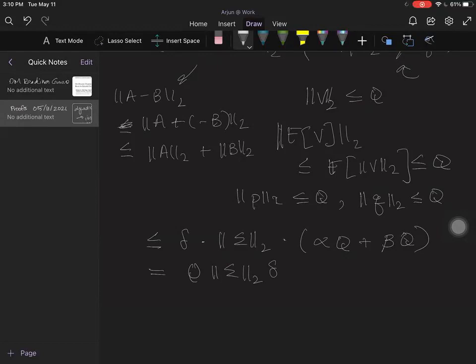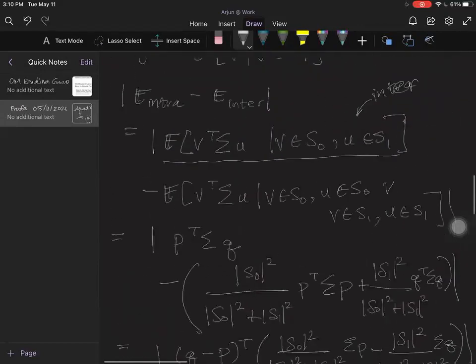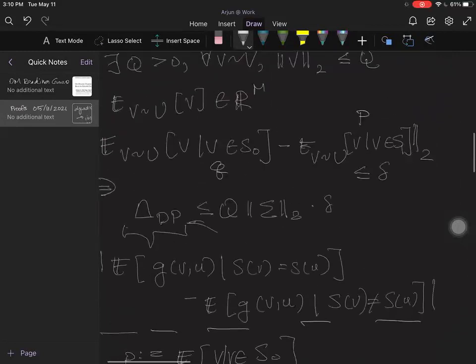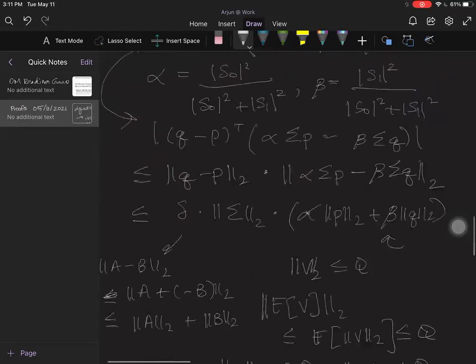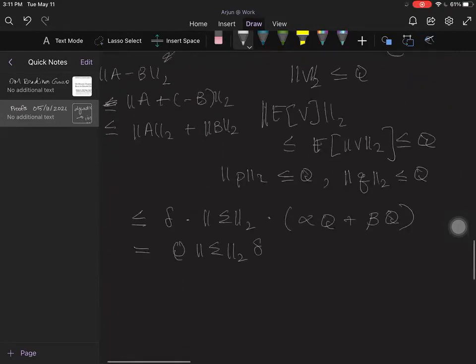All right, so to reiterate, what this shows is that if we have this bound on how different the average of node representations across two different sensitive groups is, that implies the demographic parity for link prediction is also going to be bounded by this amount.